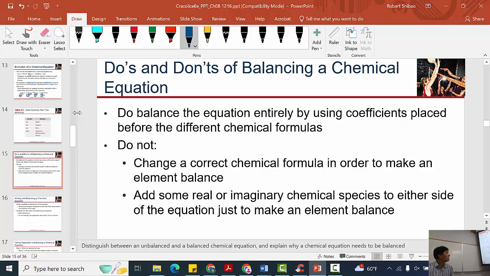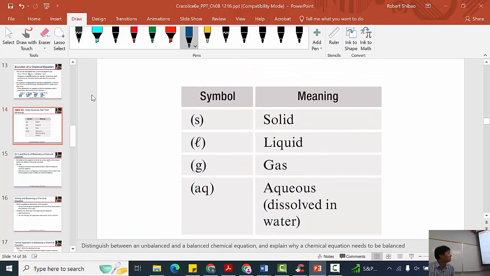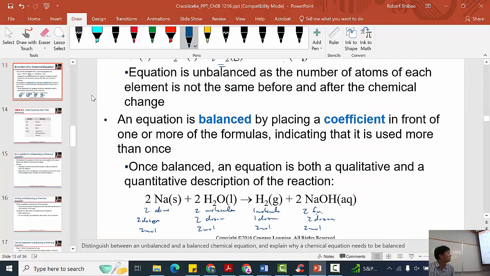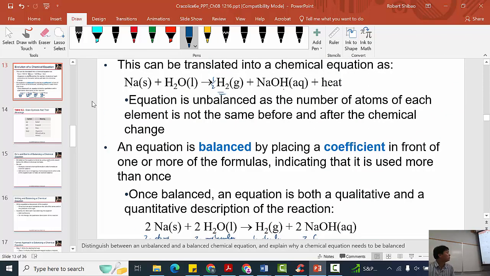Do's and don'ts of balancing. We change the coefficients, we don't change the subscripts. If you change the subscript to balance things, then it really screws things up. So for example here, another way I could have balanced this previous one, rather than multiply it by 1/2 here, what if I did this?